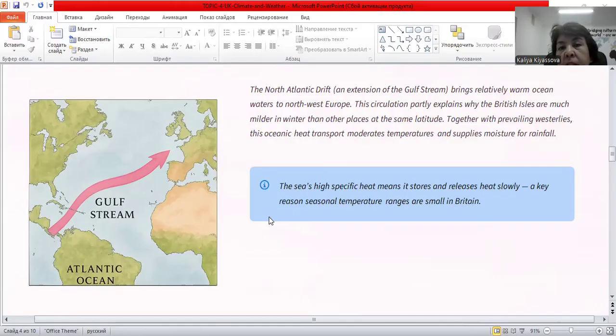The North Atlantic Drift, an extension of the Gulf Stream, brings relatively warm ocean waters to northwest Europe. This circulation partly explains why the British Isles are much milder in winter than other places at the same latitude. Together with prevailing westerlies, the oceanic heat transport moderates temperatures and supplies moisture for rainfall.